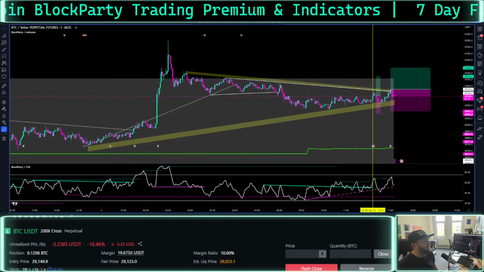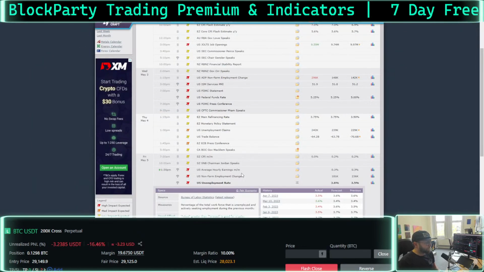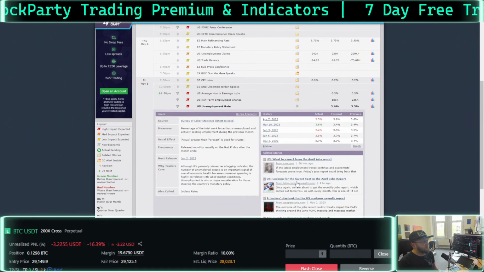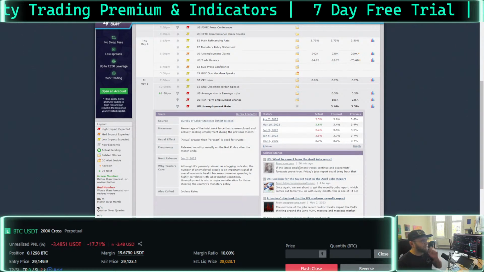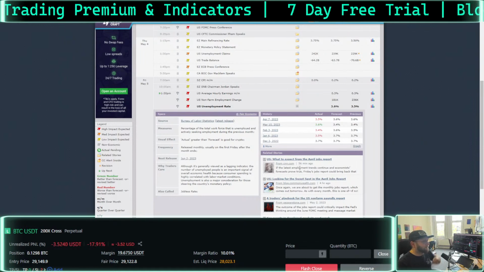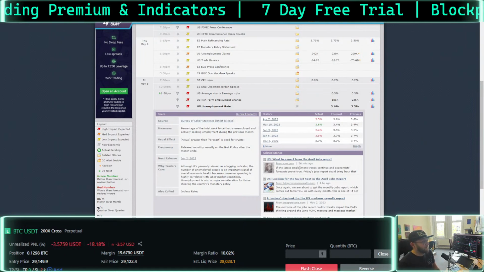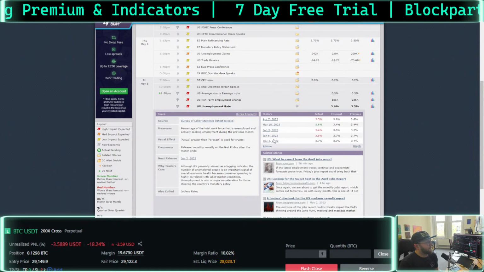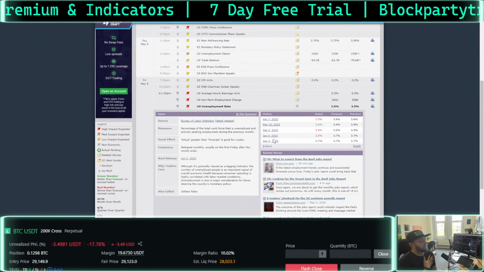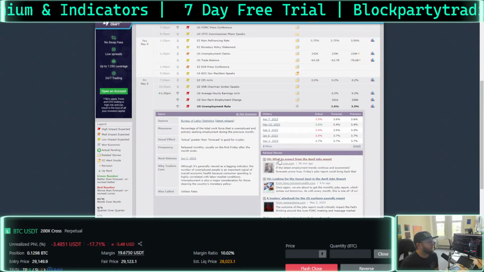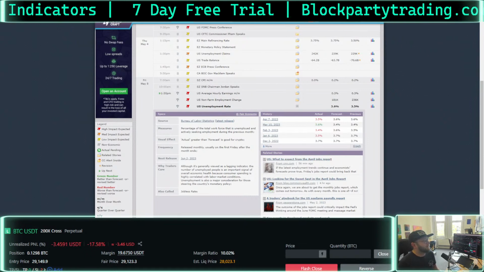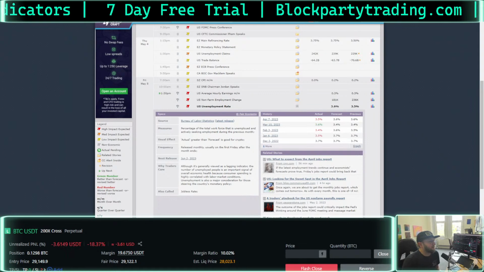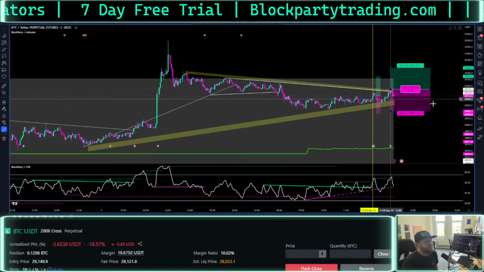In a bit of a nutshell, the unemployment rate is the one that we want to be looking at. Anything above 3.6% is meant to be bullish for Bitcoin. As jobs increase, interest rates will hopefully go down in the next announcement, and that will essentially lead to less desirability for the dollar and more desirability for things like gold and Bitcoin specifically.